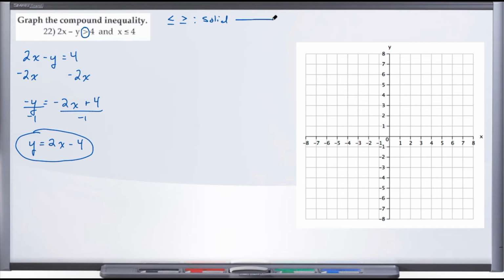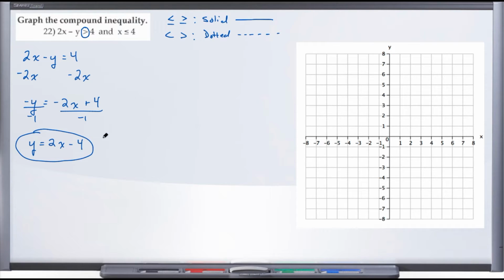If it's simply greater than or less than, without that little "or equals to," we're using a dotted line. And that's the case here, right? We have 2x minus y simply greater than 4, so we know we're using a dotted line. Let's go plot this line.